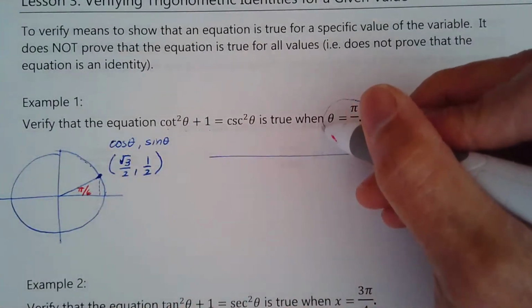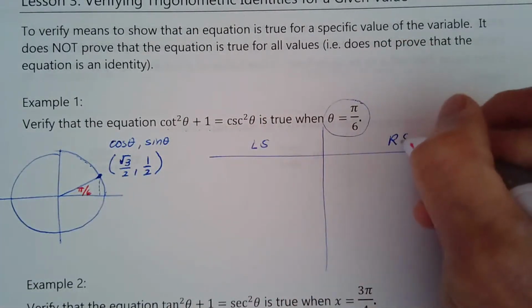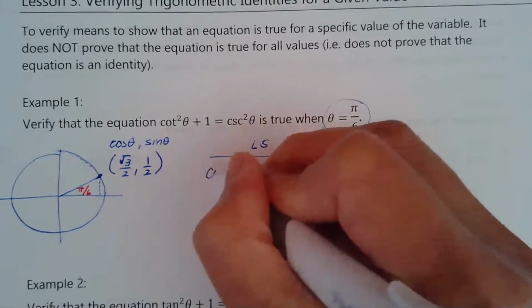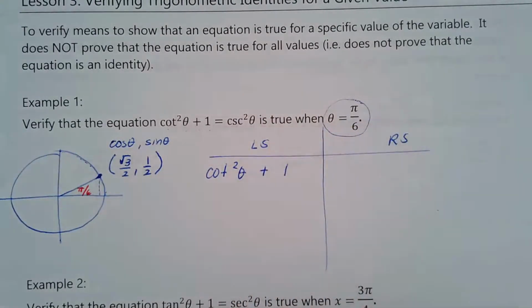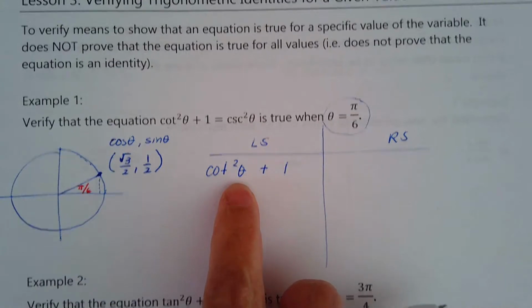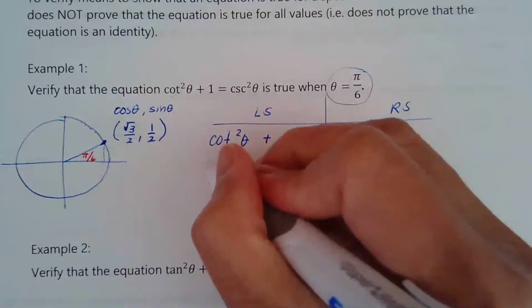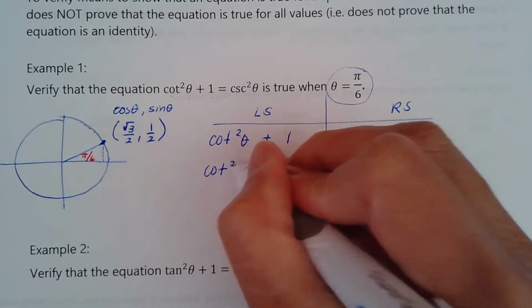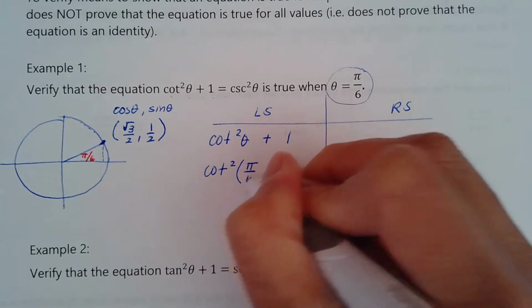So we're going to do the left side, and then this is the right side. So the left side is cotangent squared theta plus 1. Well, what's theta? Theta is pi by 6.